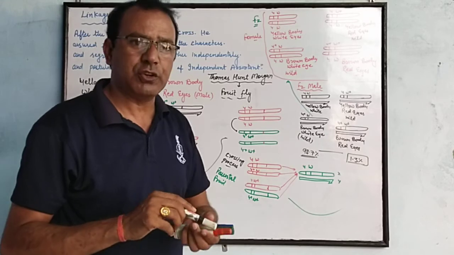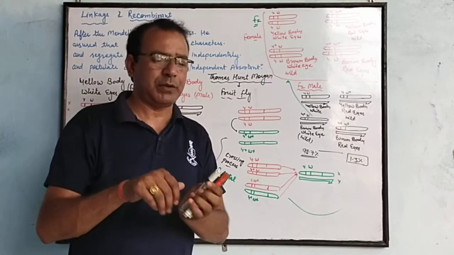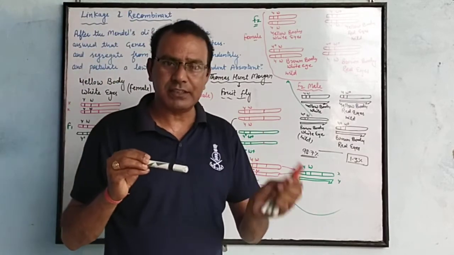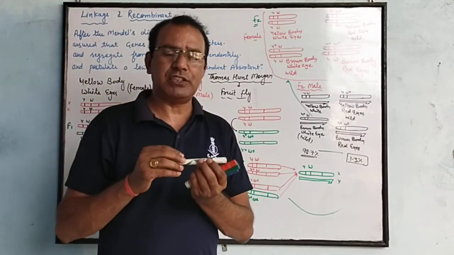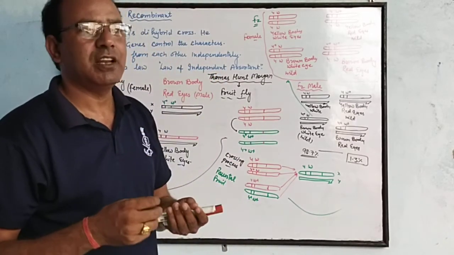Linkage means physical association of genes on a chromosome. The position of genes on the chromosome determines whether they may segregate or not. If the distance between the two genes is higher, there is a higher chance of segregation. If the genes are located tightly with each other, there is less chance.